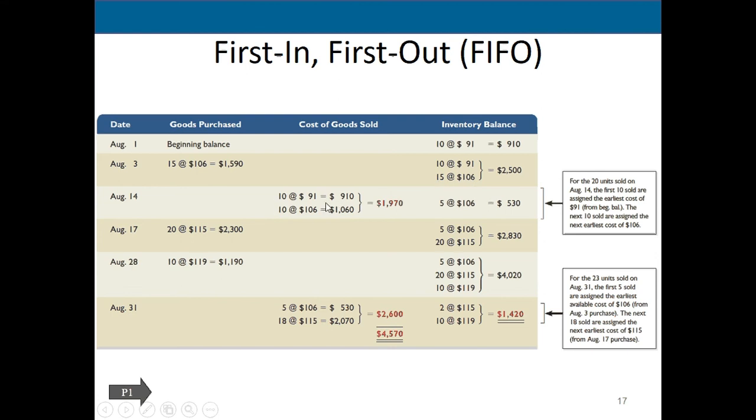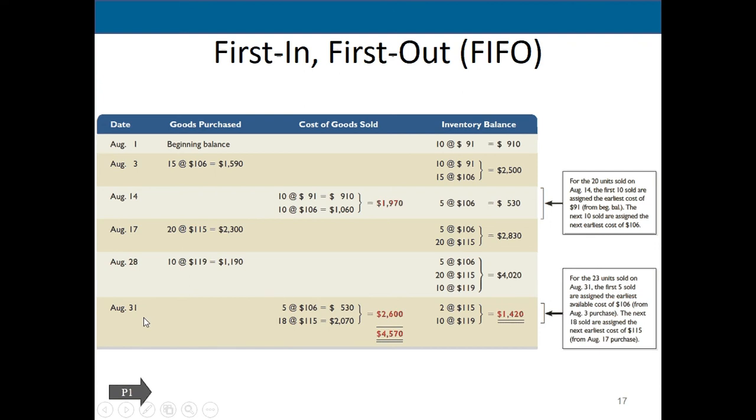So I take off the 10 at 91 and 10 of them at 106, leaving me just 5 of these in my inventory with a total value now of 530. Then what happens? On August 17th, I purchase another 20 units, added into my inventory balance. August 28th, I buy another 10 units, I add it into my inventory balance. I get a total value of inventory now at 4,020.